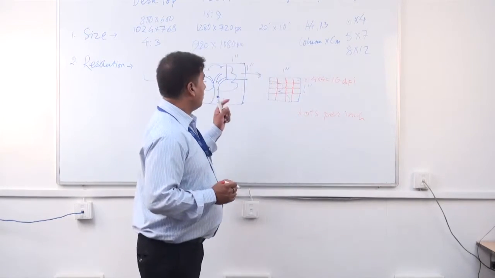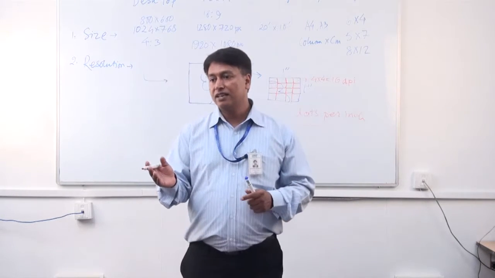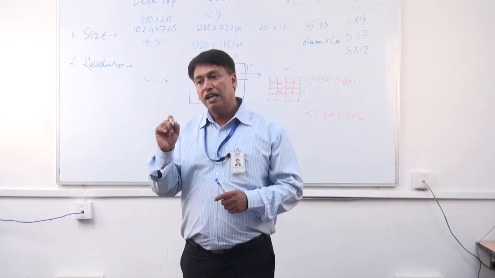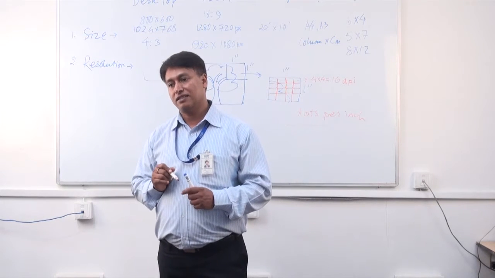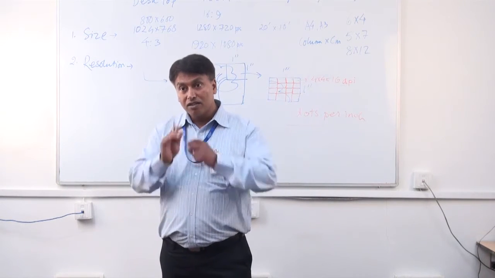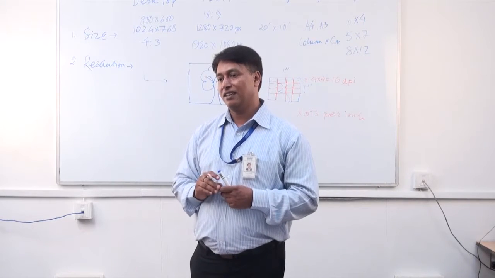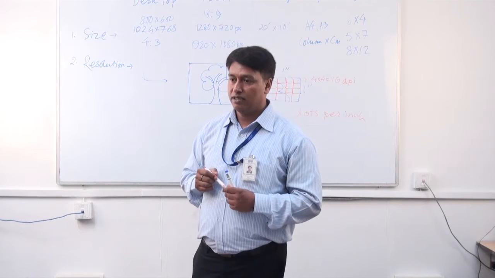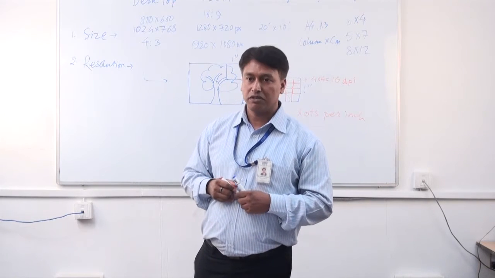So if you are talking of 150, a 1 inch by 1 inch section of that photograph will have 150 dots per inch. That is called resolution.